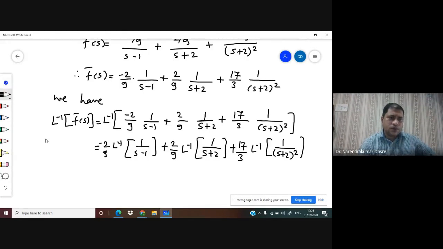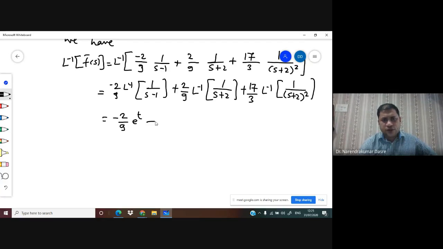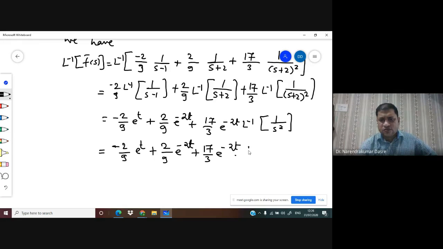Okay, so now this is going to be -2 by 9 e raised to t plus 2 by 9 e raised to -2t plus 17 by 3, for the shifting property, e raised to -2t Laplace inverse of 1 upon s square, and the inverse of this is going to be t.